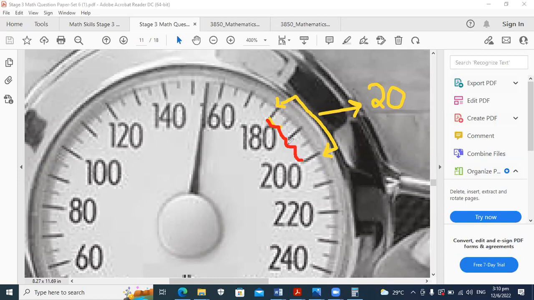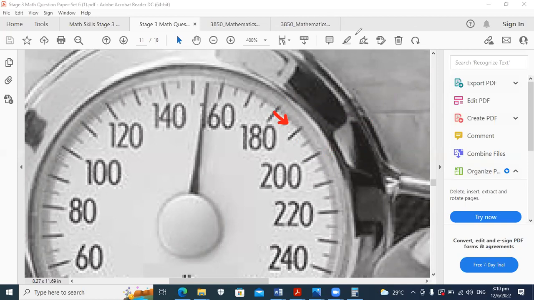So the split between the 20 splits up into 4 equal parts. So we divide everything by 4. What's 4 into 20? 5. So each goes up by 5.